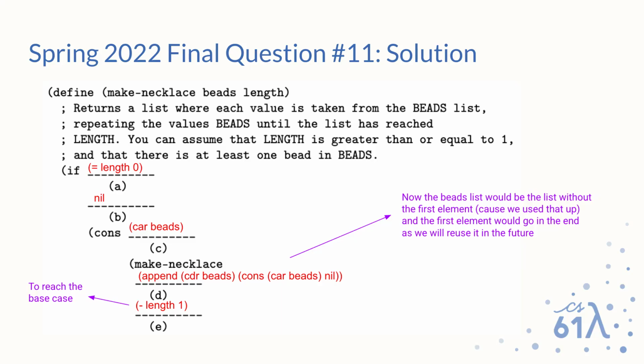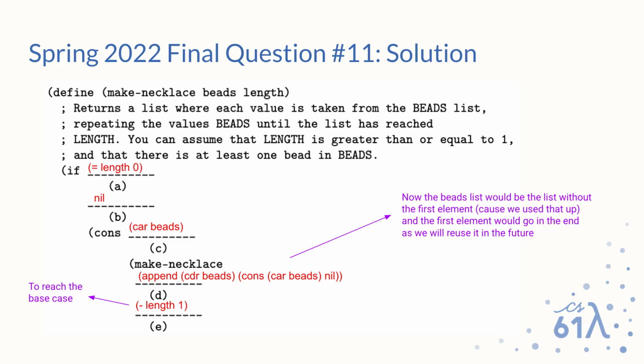So if we had squiggly line asterisk now, on the next recursive call we're going to have asterisk squiggly line. So you put the first one at the end of the list. This is going to be iterating. For example, if you repeat 1, 2, 3, the next one's going to be 2, 3, 1. Next one's going to be 3, 1, 2. So it's just putting the first one at the end of the list because we're always grabbing from the front.